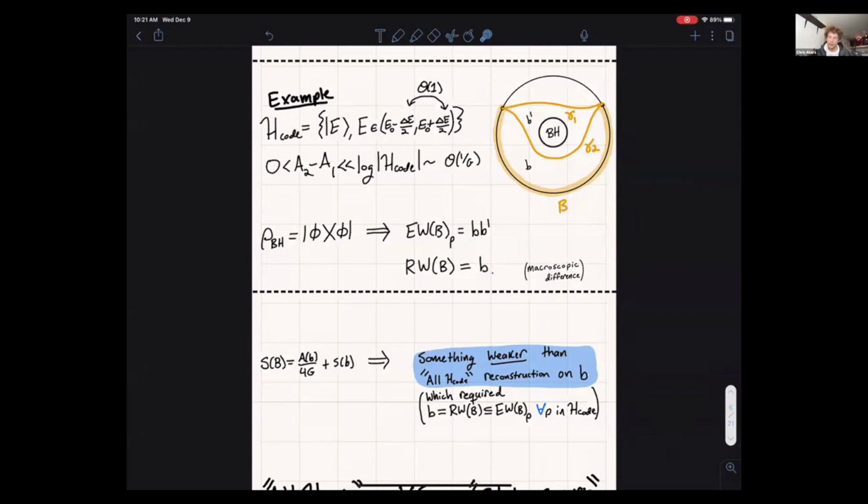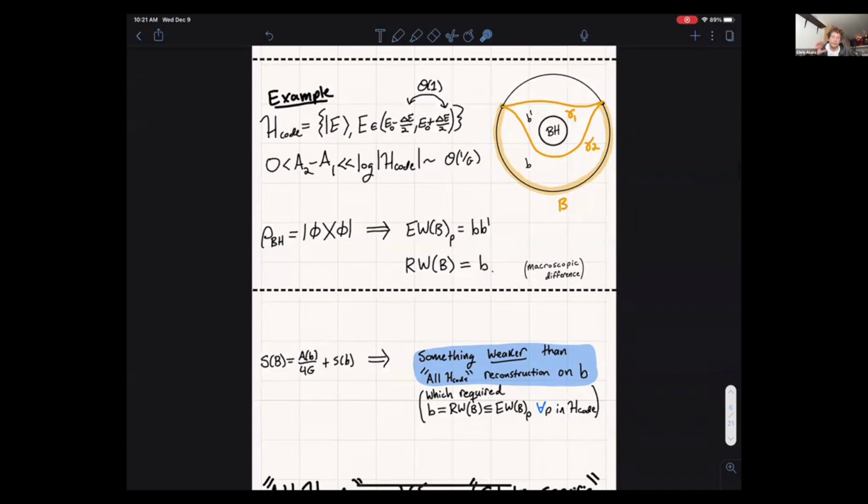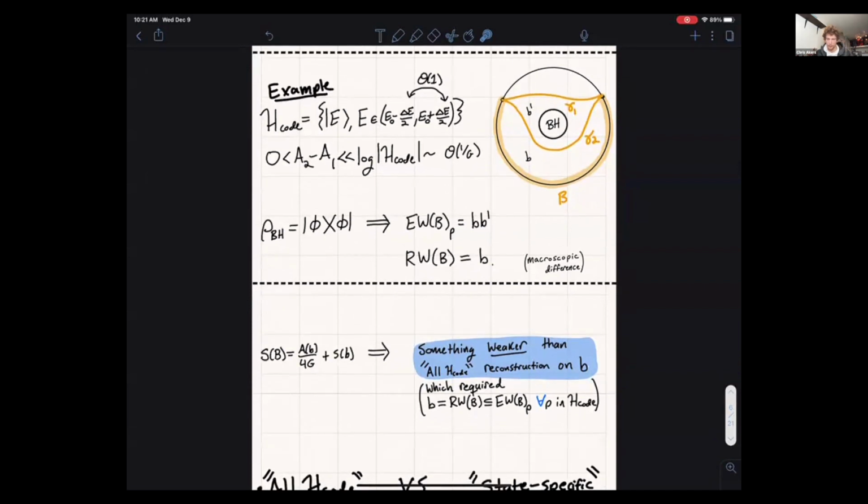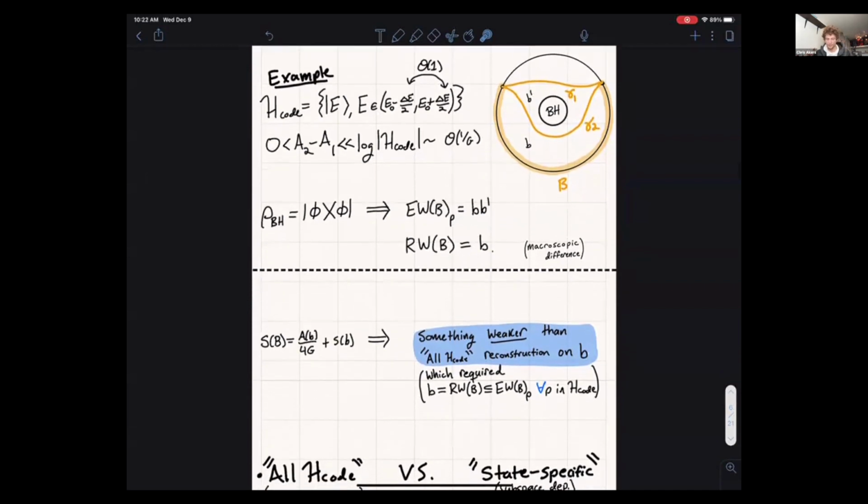In the end, I want to be able to consider big code subspaces and still give a characterization of the entanglement wedge for any particular state, including some mixed states that have support on very many states but maybe small entropy. So I can't in general restrict to a one-dimensional thing and keep the state exactly the same.